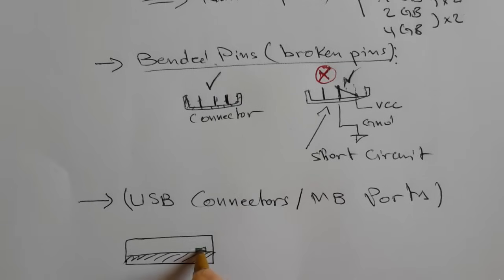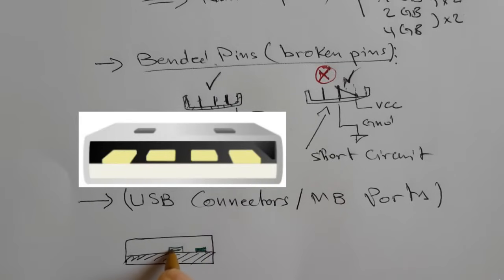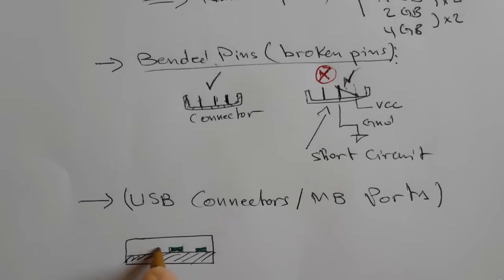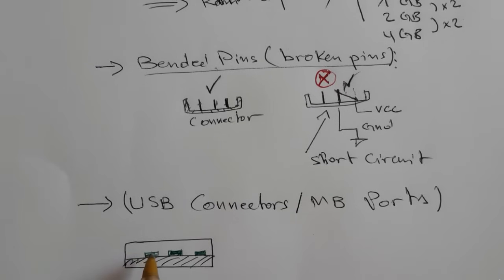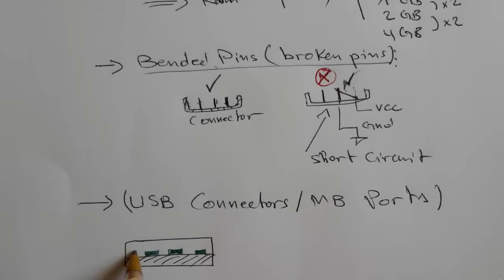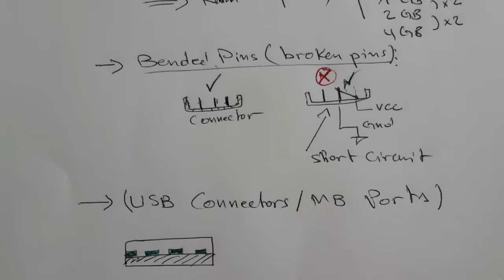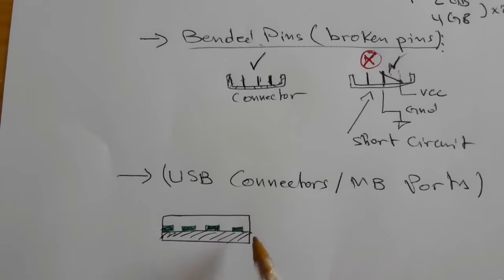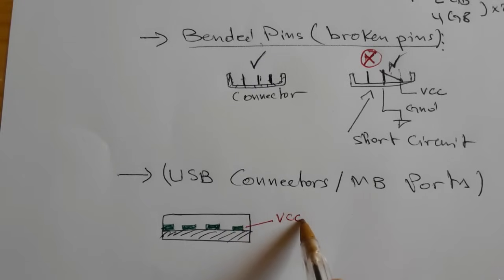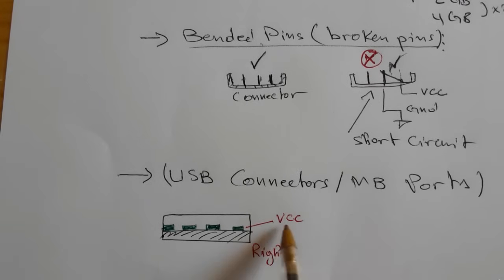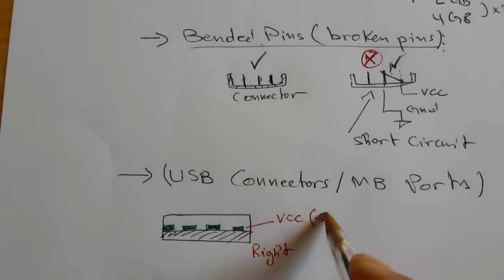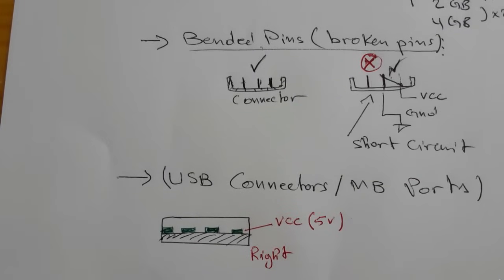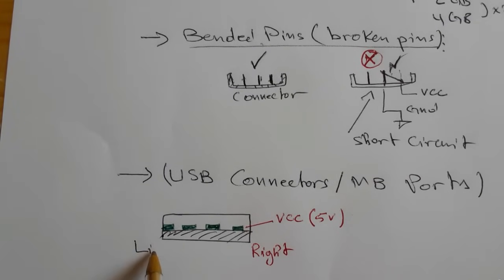The USB connector, or universal serial bus, contains basically 4 terminals, or 4 pins. So let's draw these 4 pins. The first terminal in the right is the VCC. The VCC in the USB is always equal to 5 volts. The terminal in the left of the USB port is always connected to the ground.